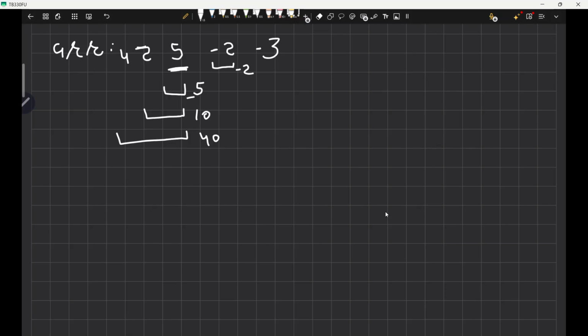Then you expand this one: 5 into -2 is -10. You expand again, the subarray of length 3: 2 into 5 into -2 is -20, and the subarray of length 4 will have -80.